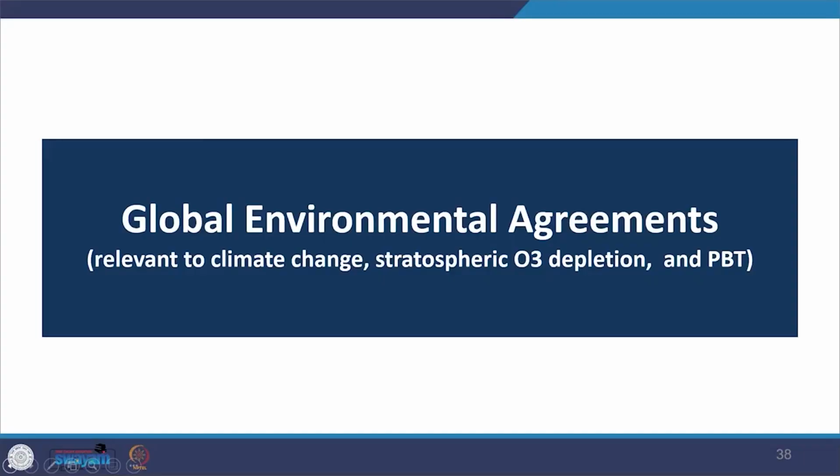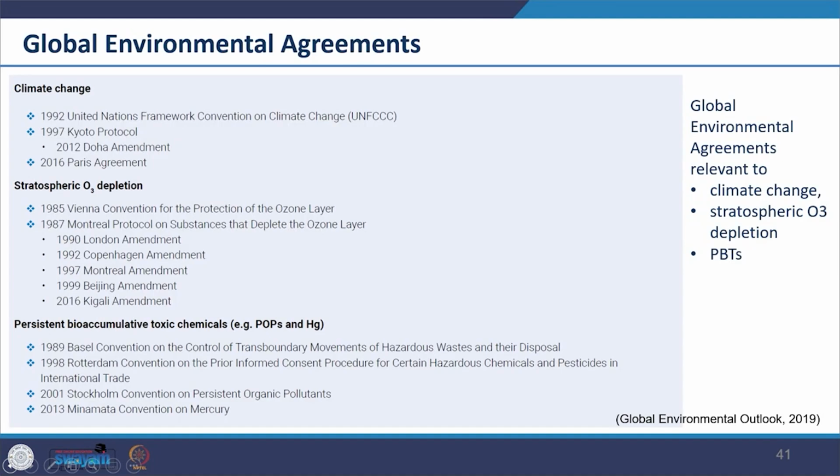Now moving on to looking at global environmental agreements. So in concern with air, what are the global environmental agreements? And simultaneously we'll also look at the national level. We have seen in the timeline a range of global agreements. The successful global agreement is the Vienna Convention and Montreal Protocol to address ozone depletion, which in 2009 became the first UN convention to be ratified by all United Nations members.